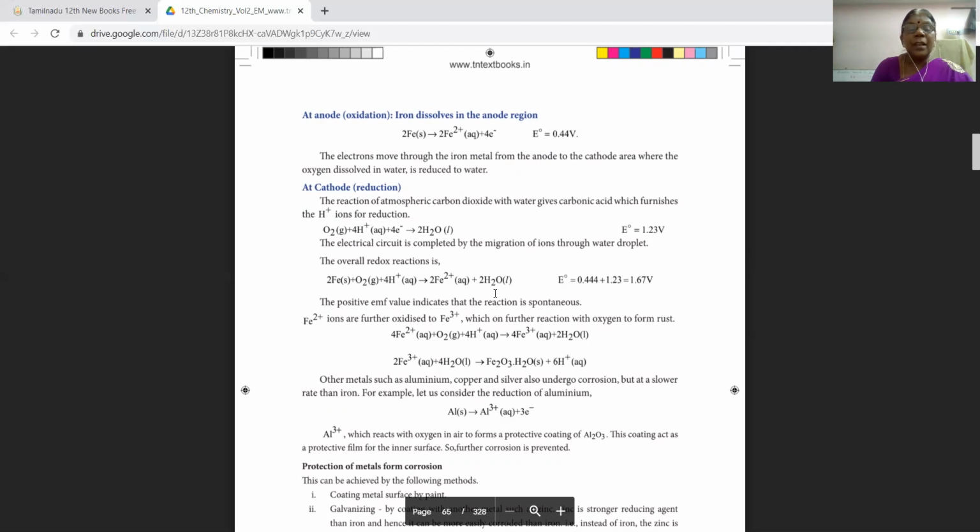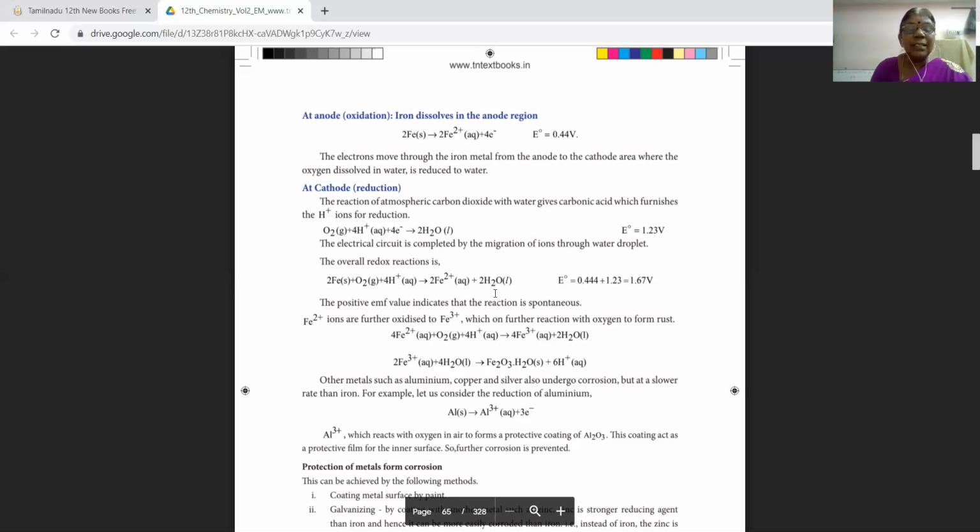That is the EMF of the overall reaction or the cell. The positive EMF value indicates that the reaction is spontaneous. Here the EMF value is positive, that is plus 1.67. If it is plus, we come to know this reaction is spontaneous, that is, it will take place without any stimulation.